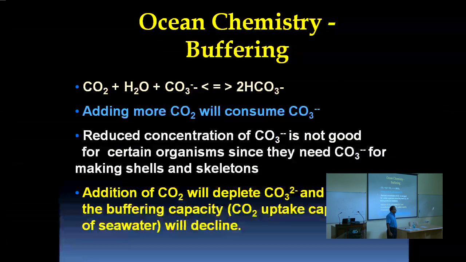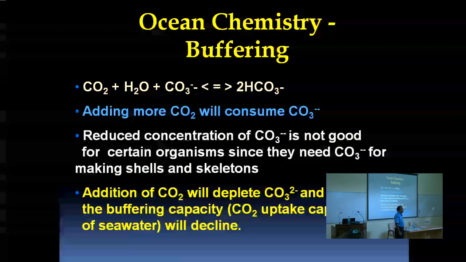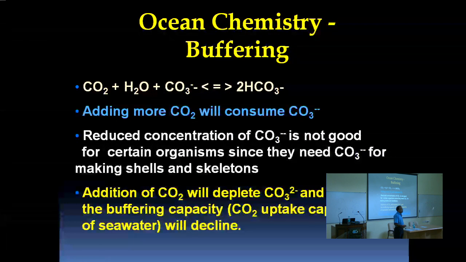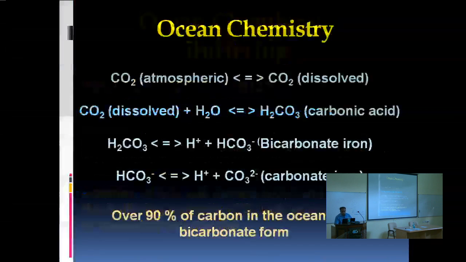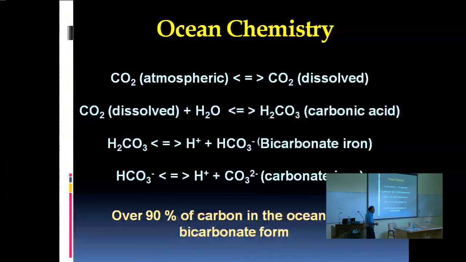Now, what is the meaning of buffering capacity? The number right now is 10. That is, the ocean can take nearly 10 times more carbon dioxide because of this presence. Now, if you reduce the carbonate ion, its buffering capacity is going to be reduced. If you look at the previous equation, I didn't put the numbers, but if you calculate the amount of carbon, I said 90% is in the bicarbonate form.